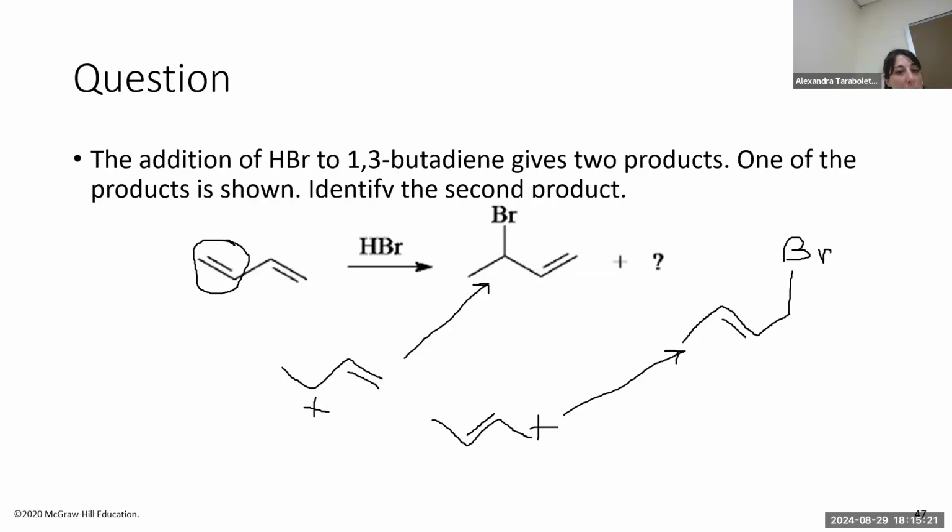Think about what is actually happening as far as the resonance and how it generates the products, and not just go based on the numbers 1-2 and 1-4, because you also have to remember that this double bond moves too.